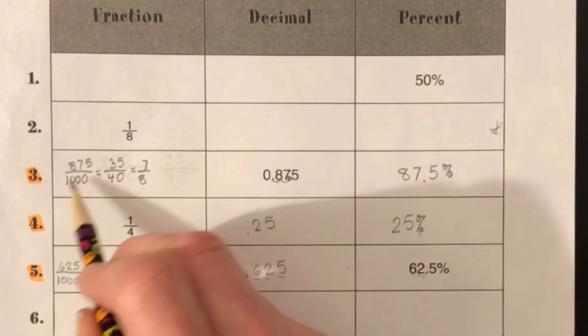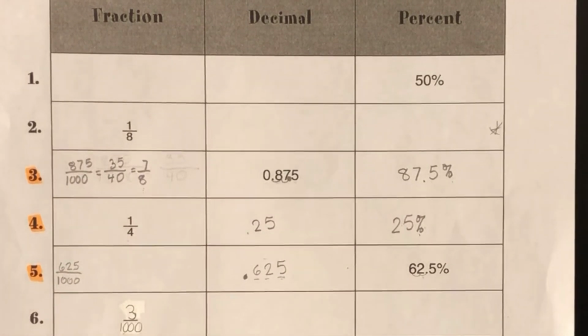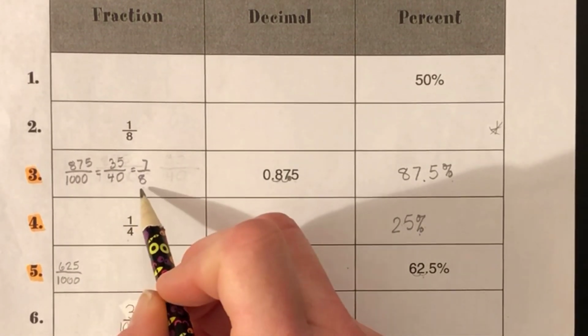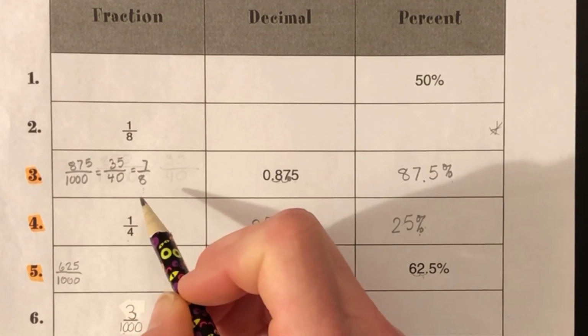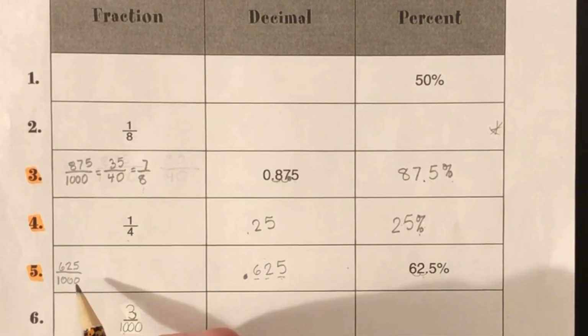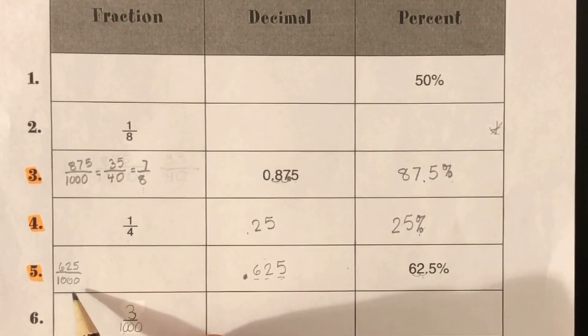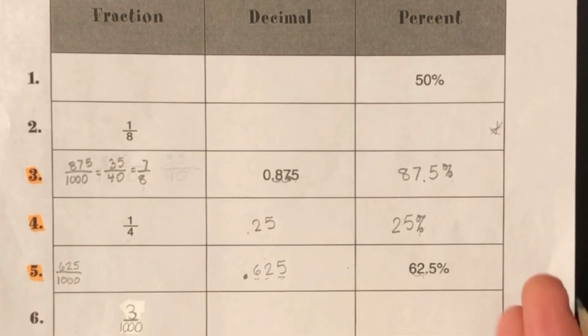Obviously, when I reduced 875 thousandths by 25, that still wasn't enough because I still had to reduce again. So don't be so caught up on trying to reduce it by the biggest number possible that you make it harder than it needs to be. If you want to just start with 5, go ahead and keep reducing it until you've reduced it out. It doesn't matter.